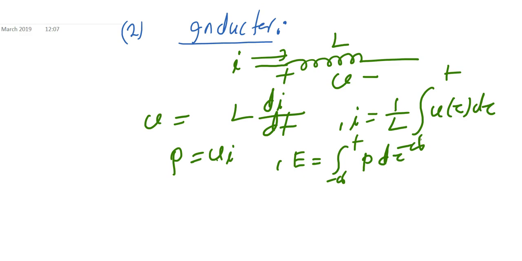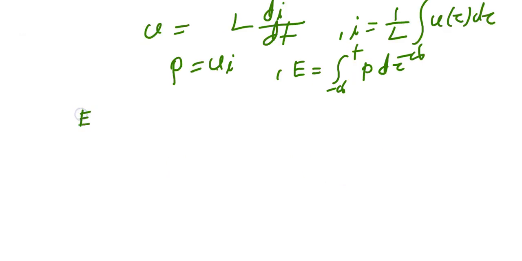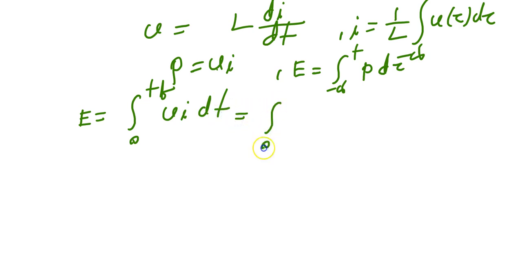I'll just derive that one. Energy by definition is from 0 to final time: at what time, and how much energy is stored. So I have to integrate from 0 to TF. I am assuming that current and voltage start at t equal to 0. So P, that is VI dt, from 0 to TF.